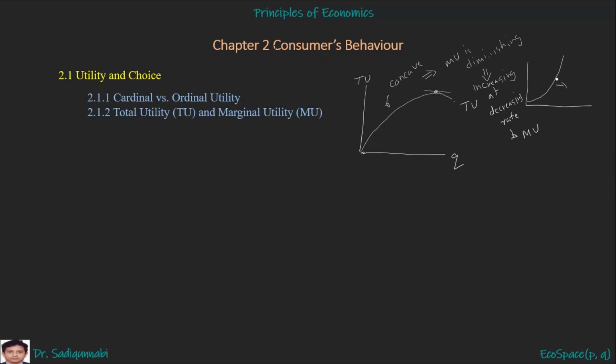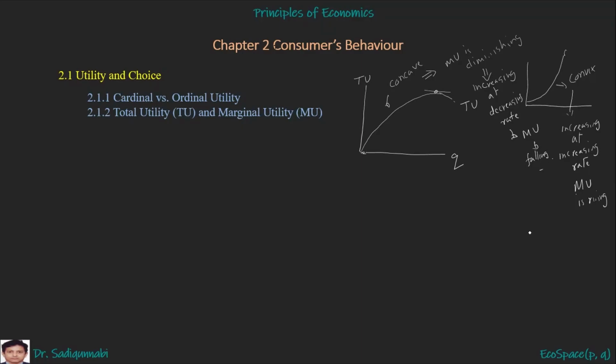Here you see there is a total utility curve. It is convex. So when it is convex, that means total utility is increasing at an increasing rate. So MU is increasing or rising. Here MU is falling.